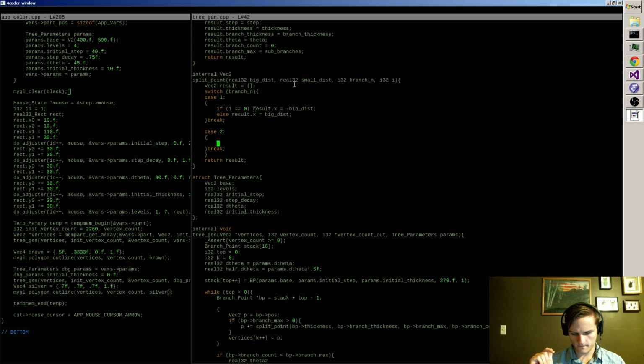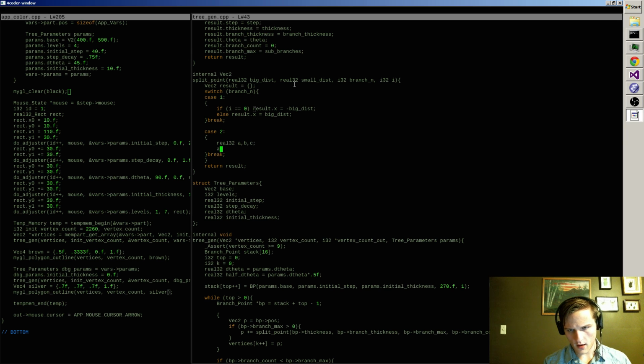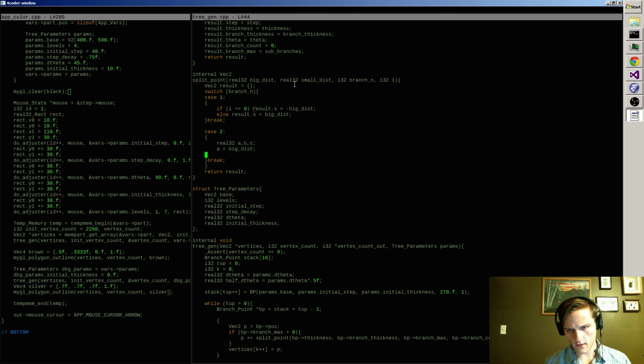I need to know how far to descend. The answer is half of the height. The height is, right, so do some Pythagorean. A, B, C. A equals big dist. C equals, no, C equals big dist times 0.5.